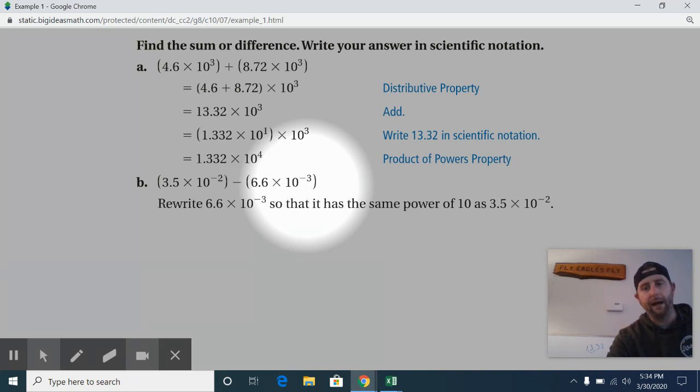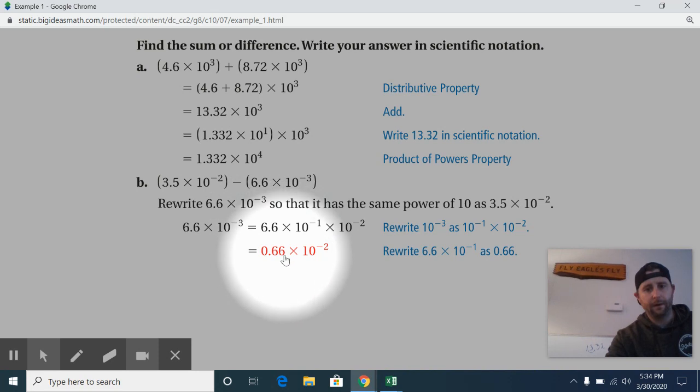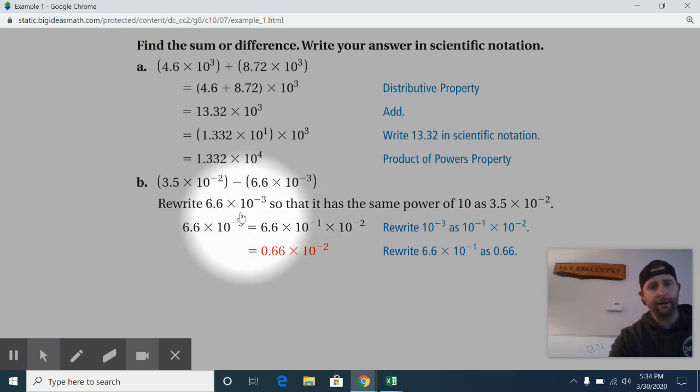In order to add, I need to move my decimal left according to our rules from before. Okay? So I'm going to rewrite my number as 0.66. Okay, I moved my decimal 1 unit to the left in order to add 1 to my exponent and make it negative 2.